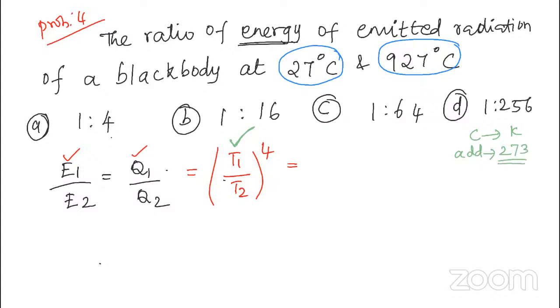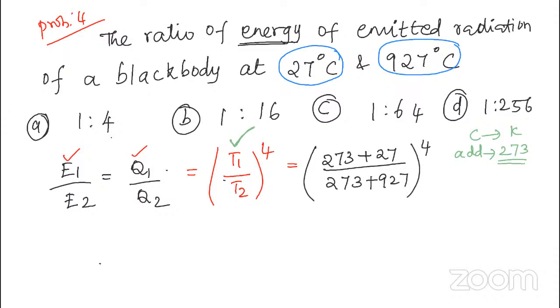So here it is 273 plus 27 divided by 273 plus 927, the whole power 4. Okay, so that is the step. You should work it out and tell me the answer, which one is right. It is 2 minutes time. You have to work it out.